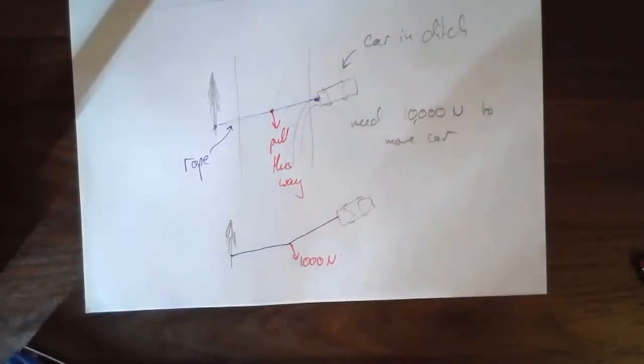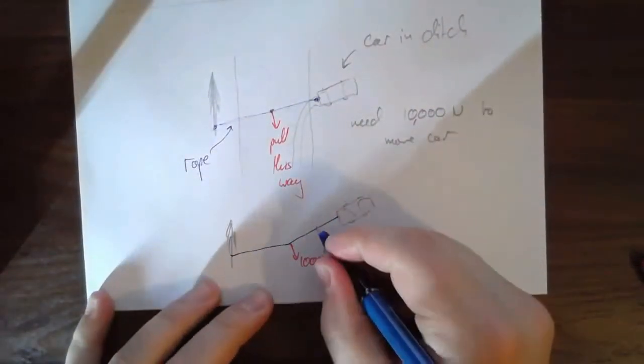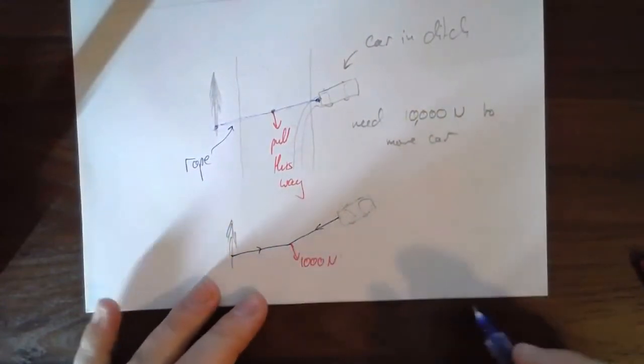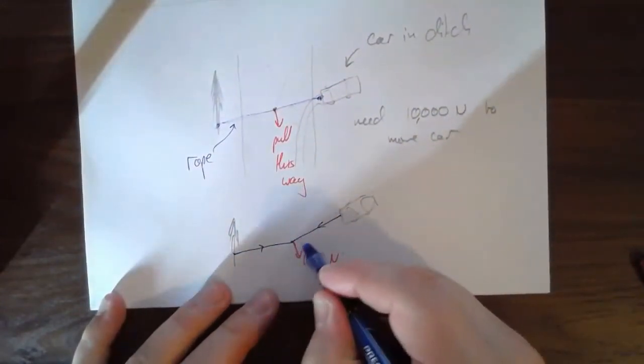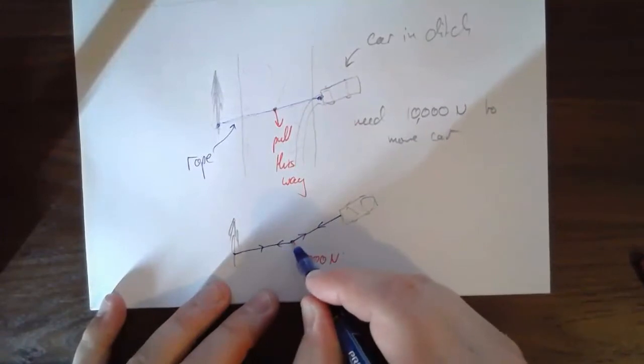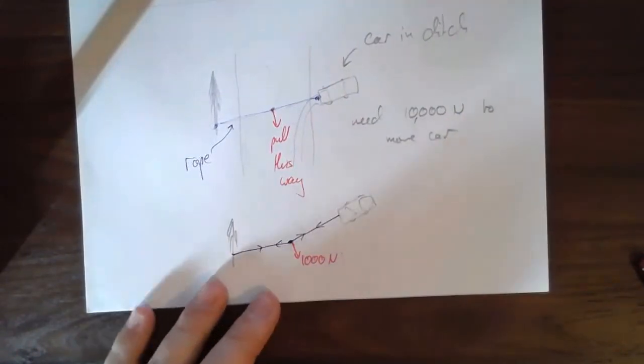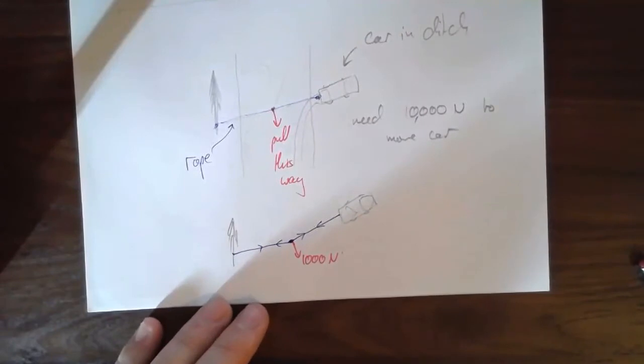Well, actually, in this case, what's the tension? Well, in this case, the tension here that's pulling against this point here, maybe there's a knot there for you to grab onto.